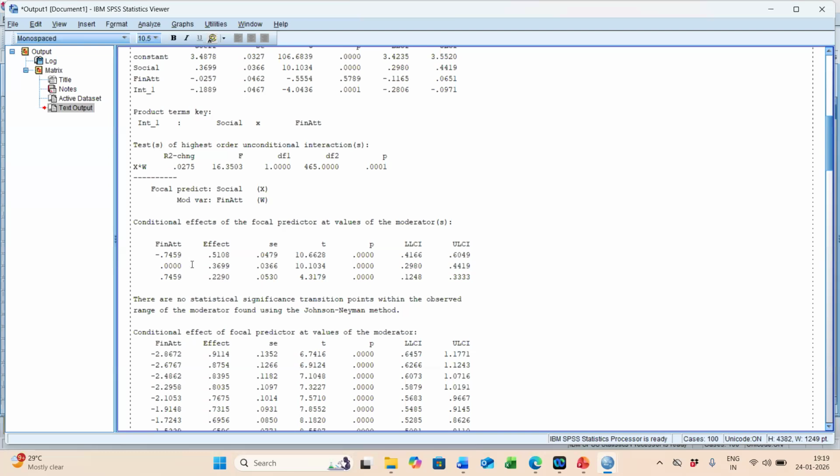But when the financial attitude increases to x bar plus 1 standard deviation, that is 0.7459, the effect has reduced to 0.2290. This part itself is very important for giving a beautiful explanation regarding the theory we are dealing with.